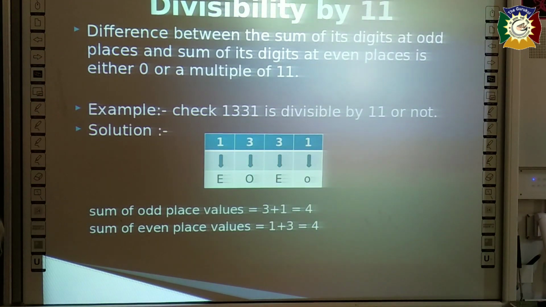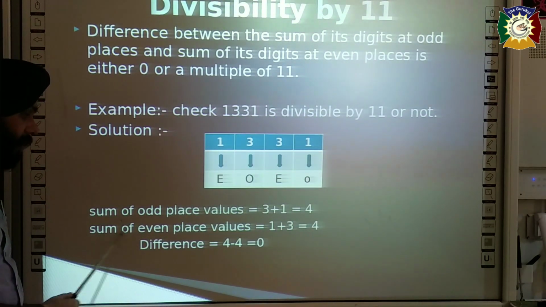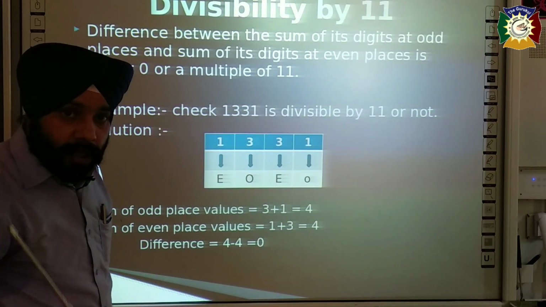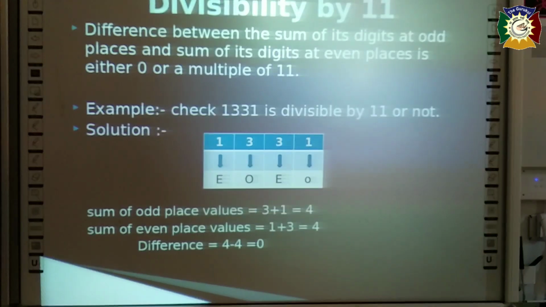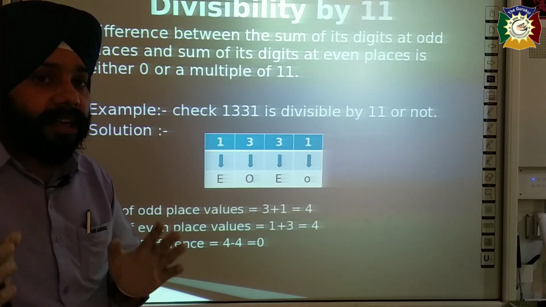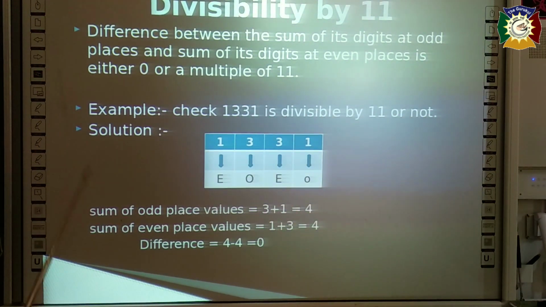So their difference, 4 minus 4, is equal to 0. So we can say this given number 1331 is divisible by 11. Next slide.